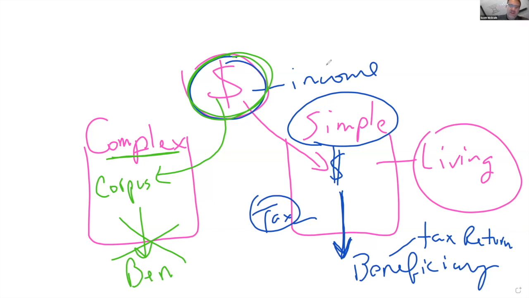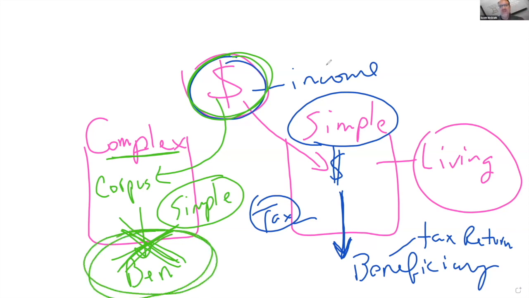All right, so the money comes in, but there's no requirement to distribute. In fact, you do not have to distribute that income. What I've learned is that if you distribute that income, you will be having to use the simple tax code for that tax year. If you distribute down here to this beneficiary in the complex trust, you will be using the simple tax code.